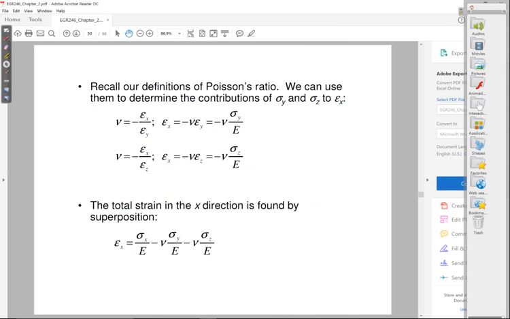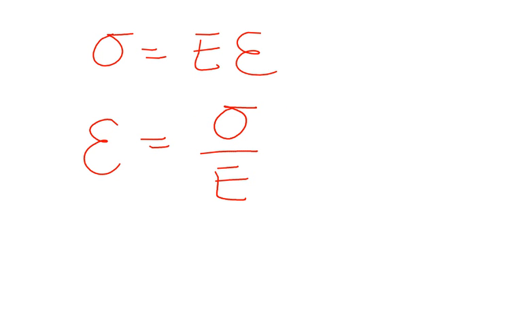Okay, so the way we're going to do this is this. When I apply stresses in the x direction, if I look at just sigma x, okay, that means I'm going to put in these epsilon, these subscripts here.